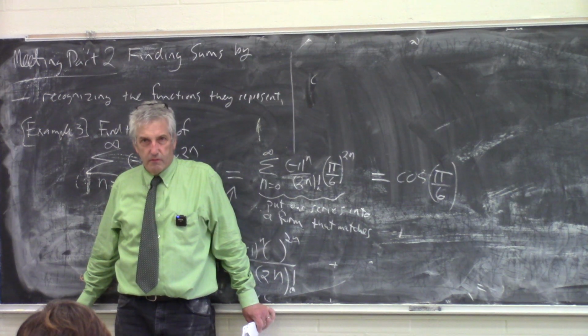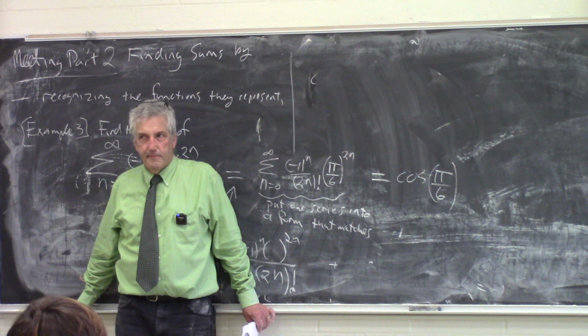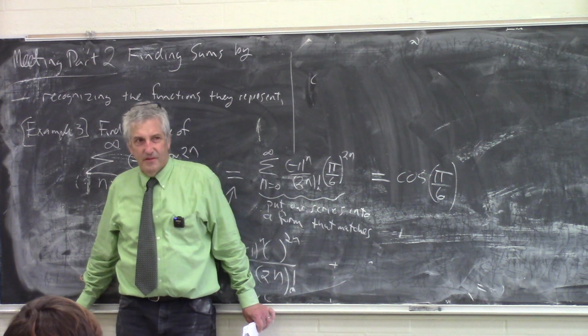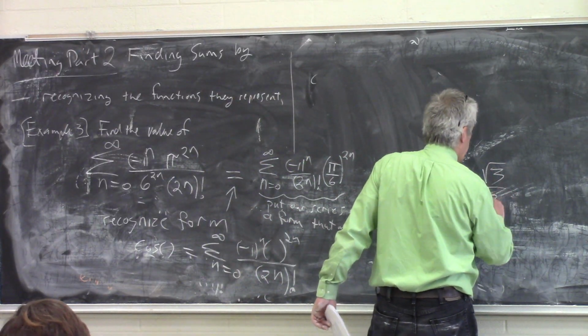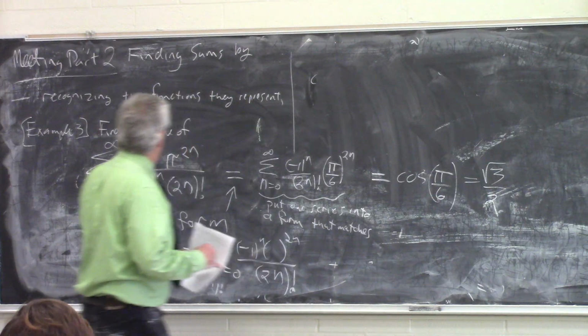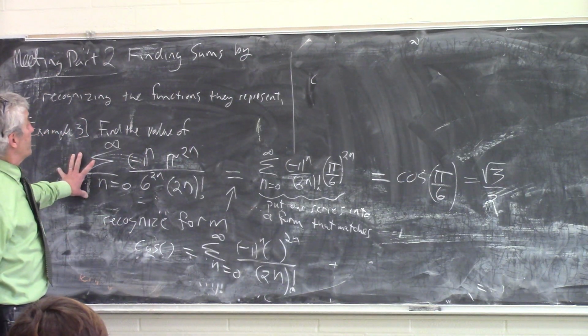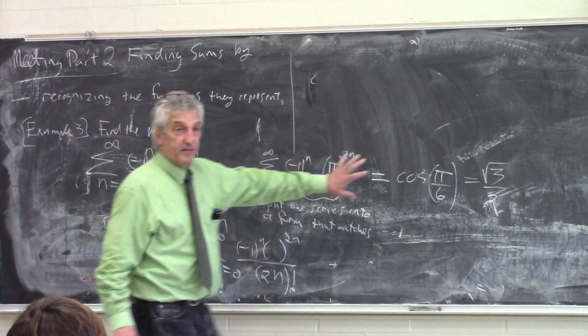Annika? Square root of 3 over 2. So we found the value of the series by recognizing the function that it represented.